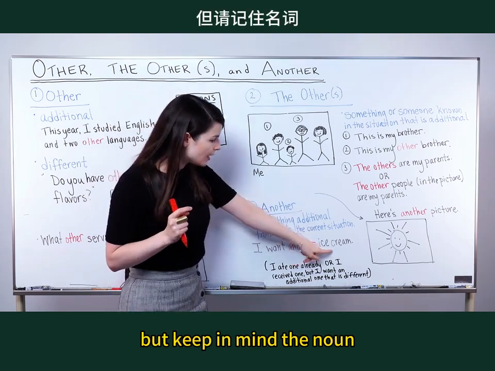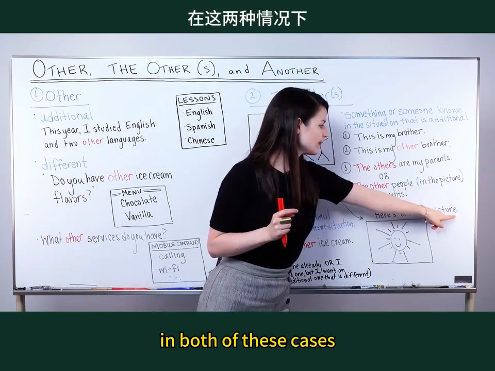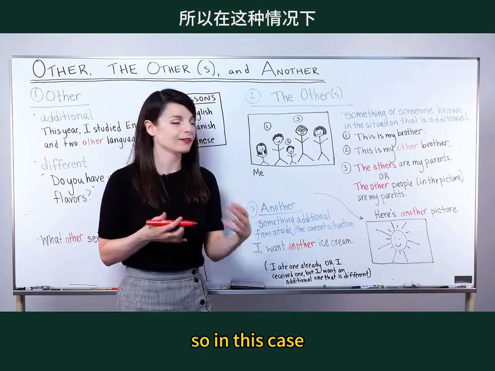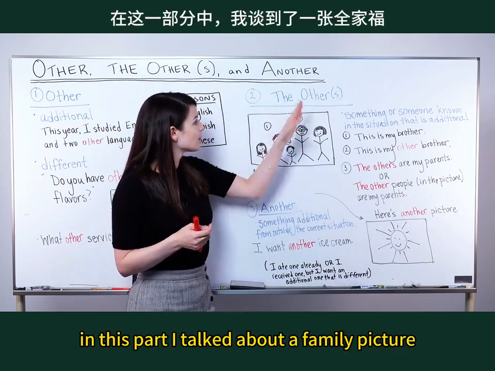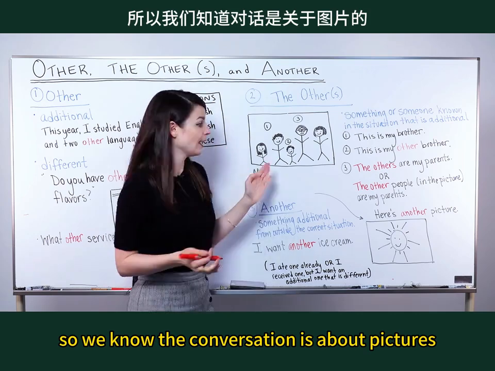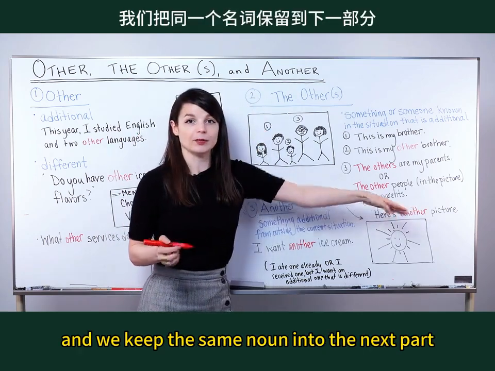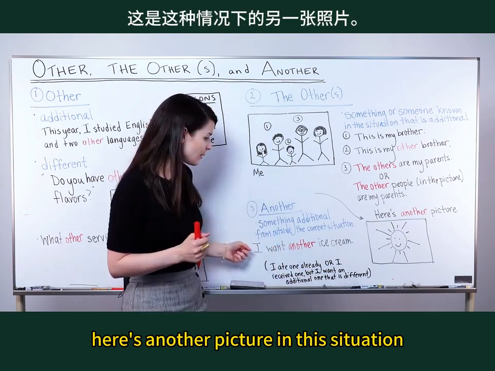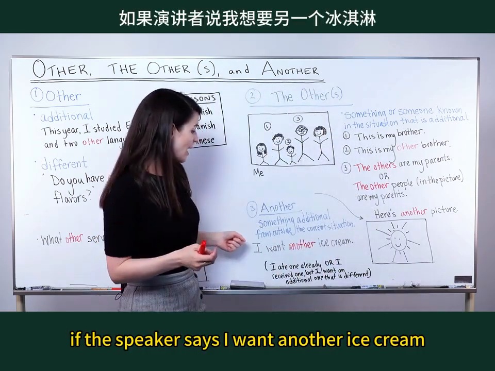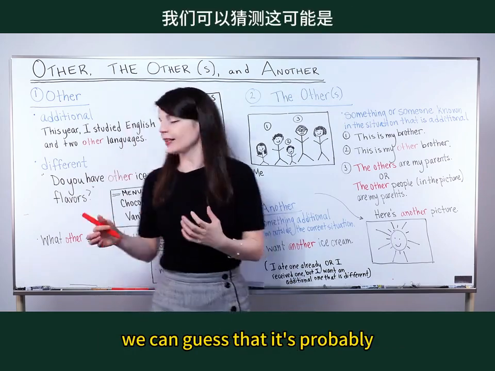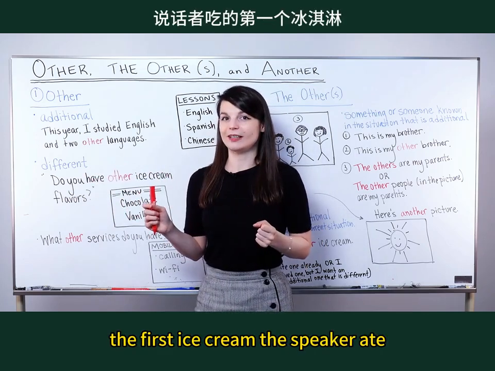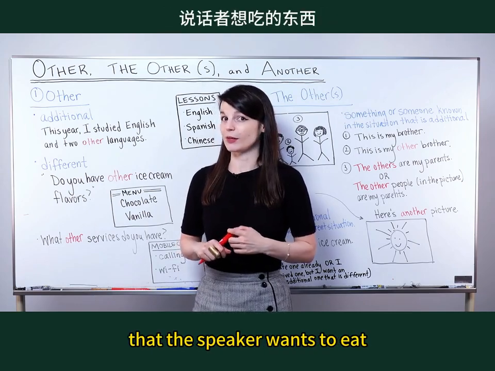But keep in mind, the noun in both of these cases is referring to something maybe earlier in the conversation. So in this part, I talked about a family picture. So we know the conversation is about pictures, and we keep the same noun into the next part. Here's another picture. In this situation, moving from here, talking about ice cream, if the speaker says, I want another ice cream, we can guess that it's probably in relationship to the first ice cream the speaker ate, or maybe a different flavor that the speaker wants to eat.